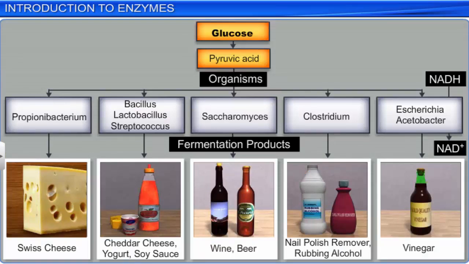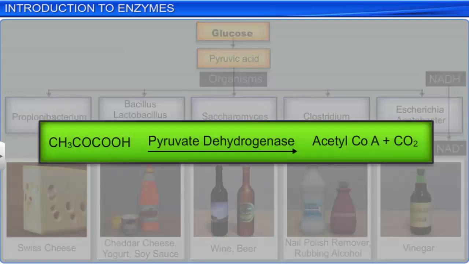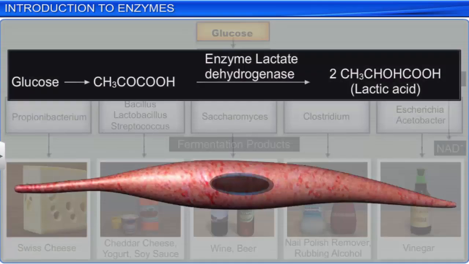During aerobic respiration, it forms acetyl-CoA and carbon dioxide in the presence of the pyruvate dehydrogenase enzyme. While during anaerobic respiration in the muscles, in the presence of the enzyme lactate dehydrogenase, pyruvic acid leads to the formation of lactic acid.